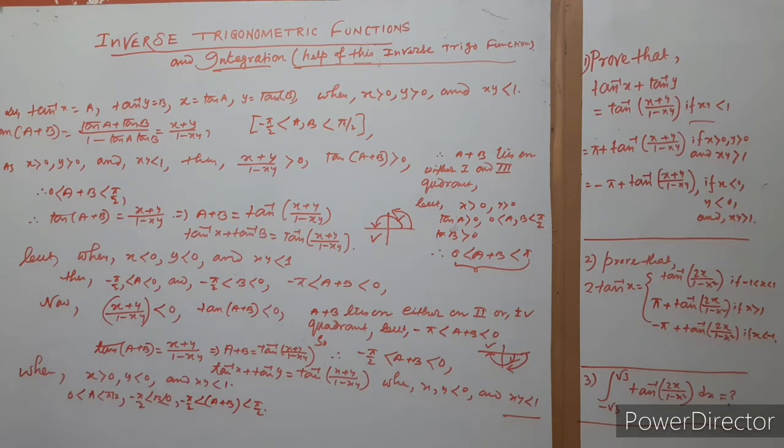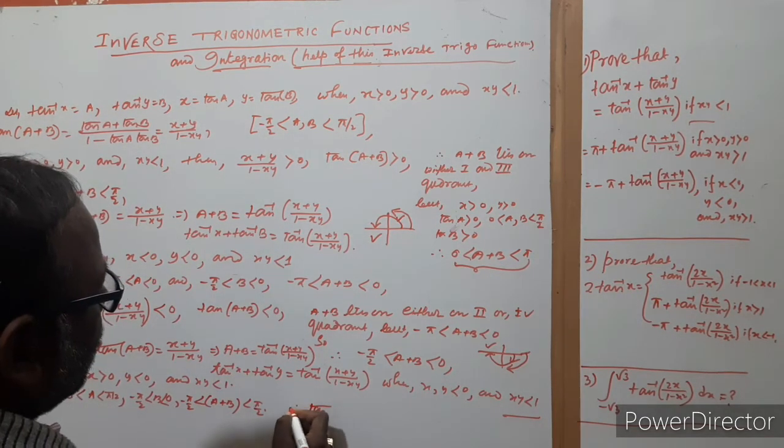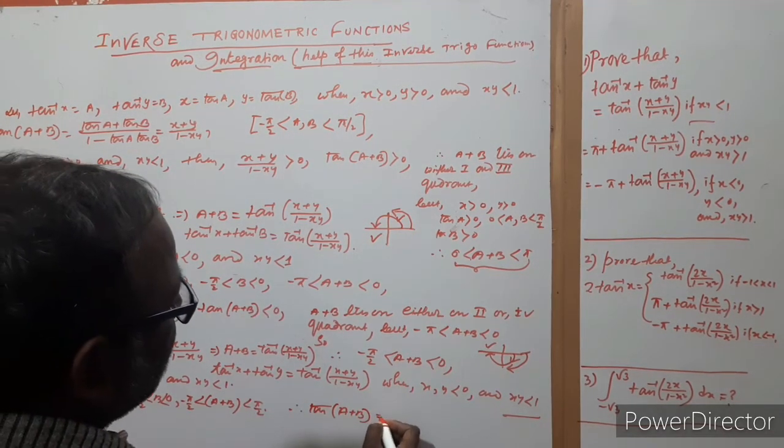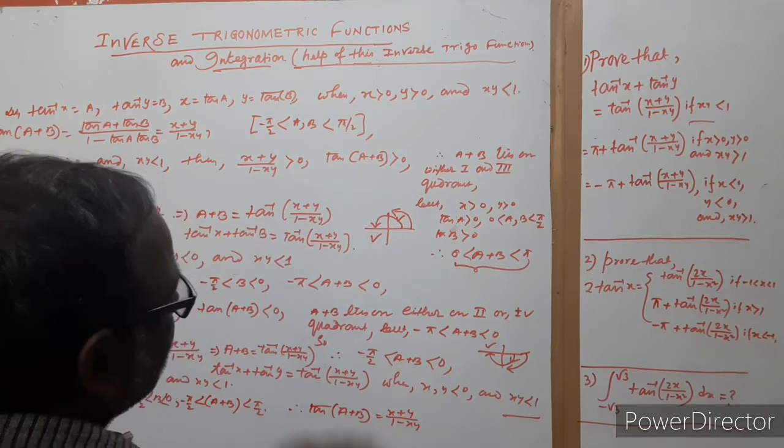so see, in that domain, therefore we can write here a plus b is equal to x plus y by 1 minus xy.